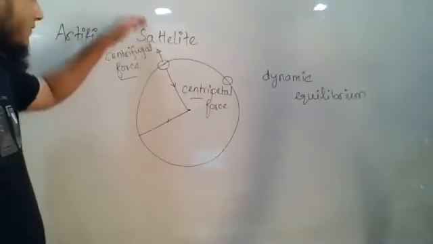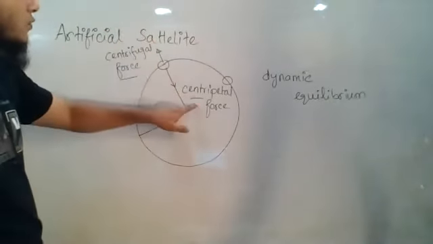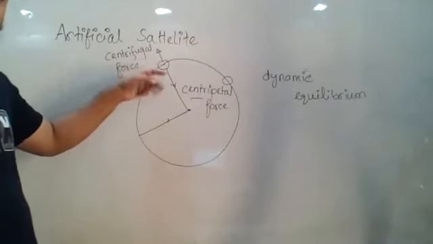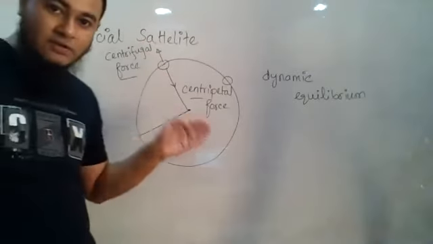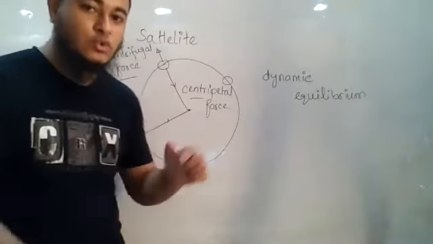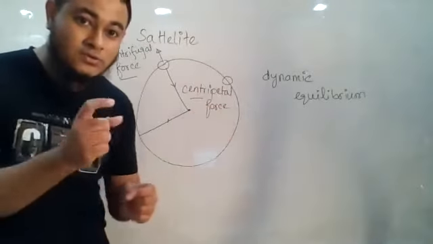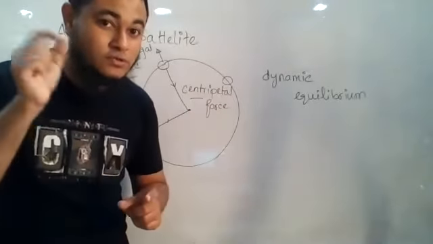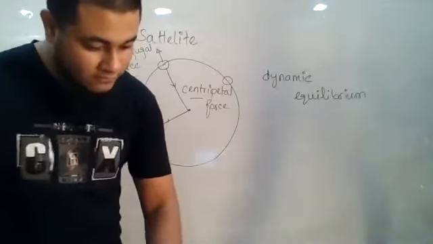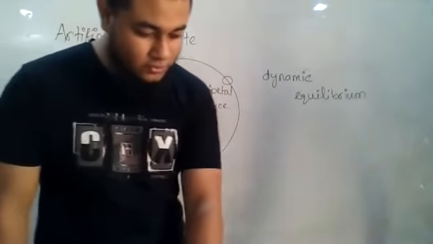The centripetal force will be equal to that one, but mainly the centripetal force is the force of gravity. So whenever we calculate centripetal force, we will calculate using Newton's law of gravitation, F equal to GMm by r square, which is equation 6.45.